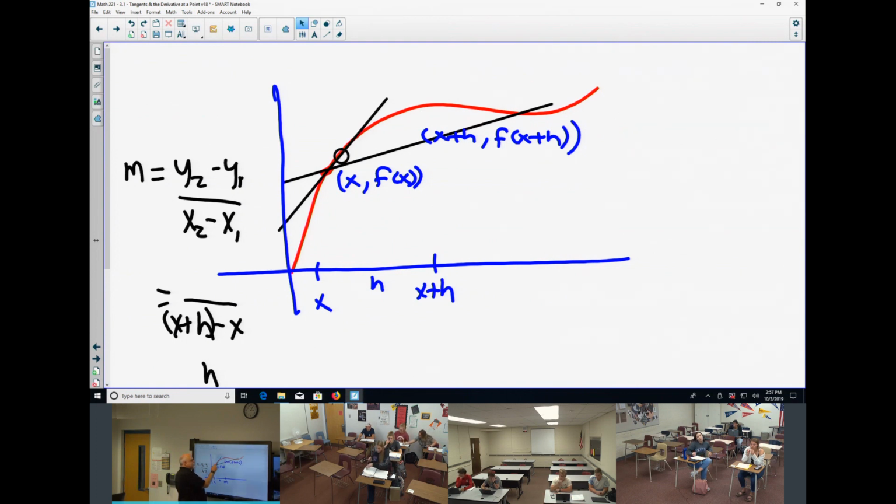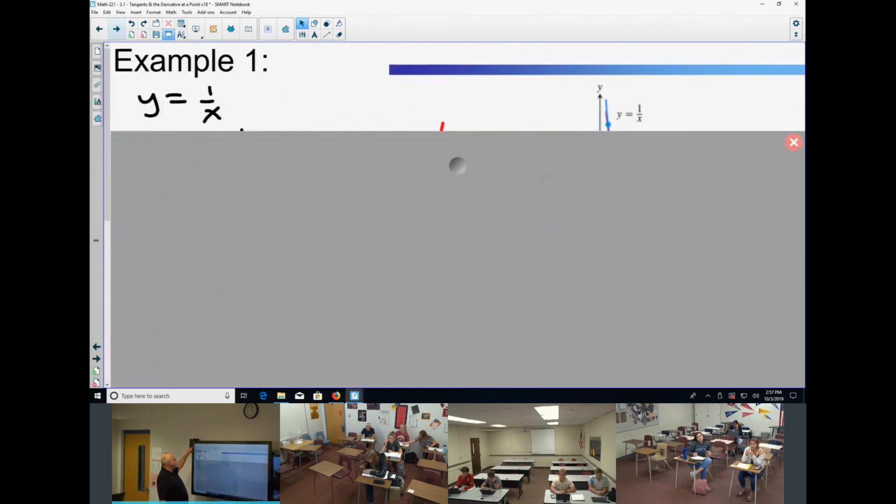The distance between the points is the h. So when we take that derivative as h approaches 0, that's the idea of the slope at that single point.